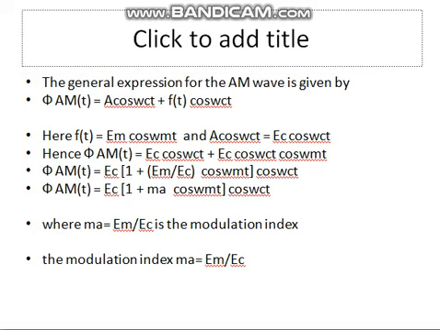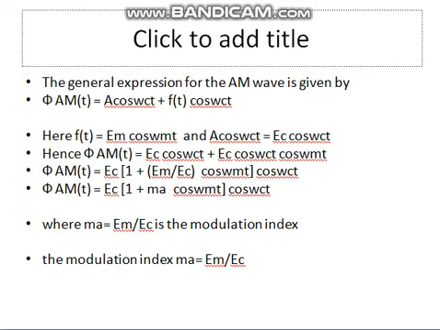When we compare with the standard equation, we get the amplitude of the carrier as E_c, and f(t) given in the question is the modulating signal E_m cos omega_m t. So in the formula, A is replaced with E_c: phi_AM(t) = E_c cos omega_c t + E_m cos omega_m t cos omega_c t. So we get the modulated signal equation in terms of single tone modulation.